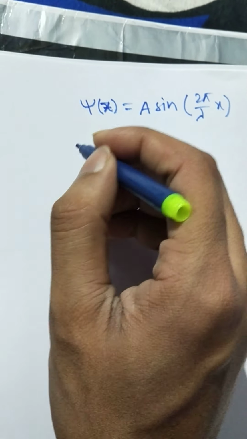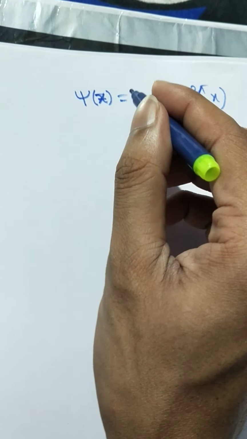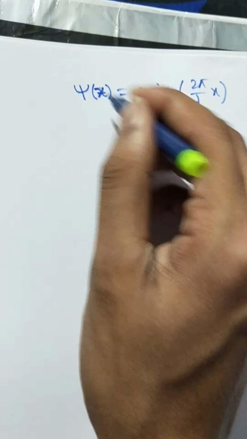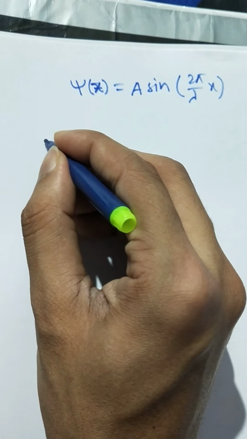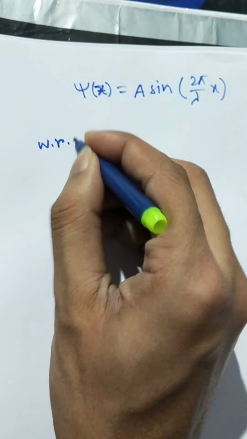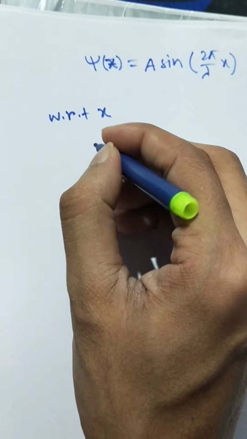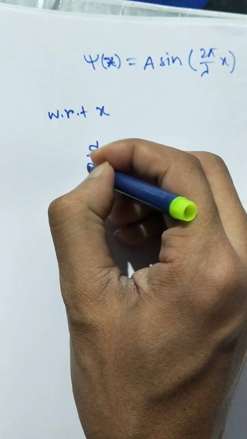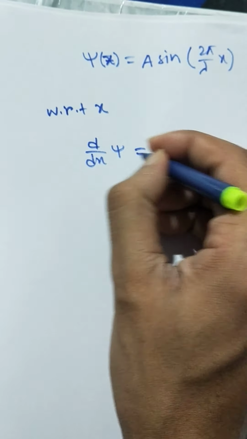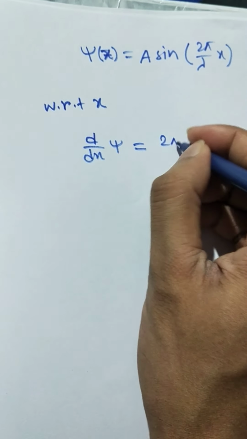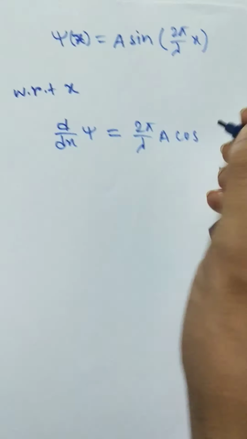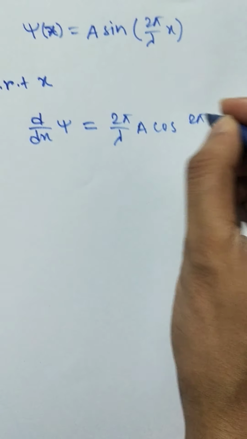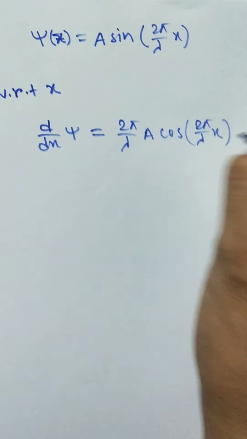Now if we take the derivative of psi with respect to x, then we get d psi by dx equals 2 pi by lambda A cos 2 pi by lambda into x.